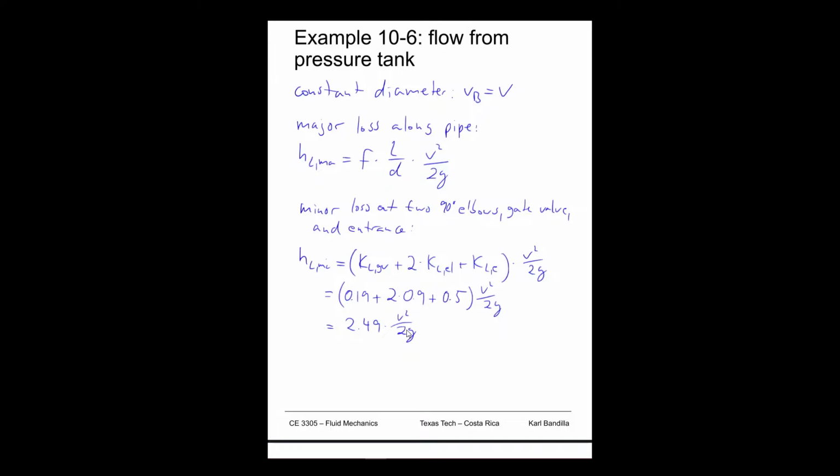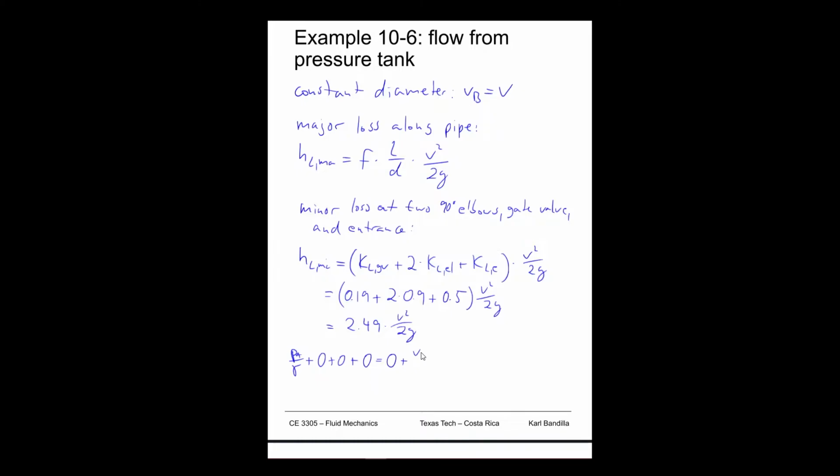All right, so with that, we have all the preliminaries done, and we can go in and write our energy equation again, right? So we said we know the pressure at A, so PA over gamma. We said the velocity was 0, we said the elevation was 0, and we said that the H pump is 0. Then we looked at point B, the pressure is 0 because it's at the atmosphere.